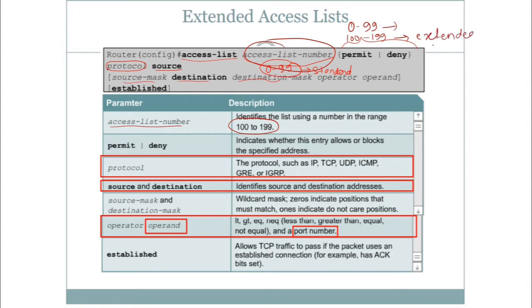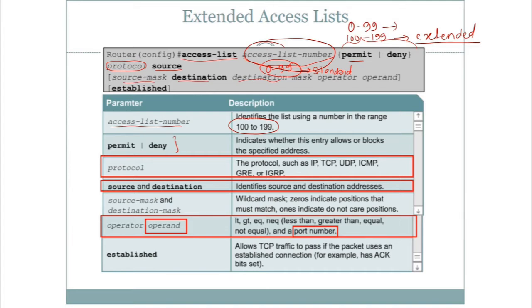Or else you can also give any name in place of the number, and then also it will be considered an extended access list. After that, we can give a permit or deny. Permit or deny means either you want to permit that source or destination address, or you want to deny it. If you permit it, then it will be allowed.